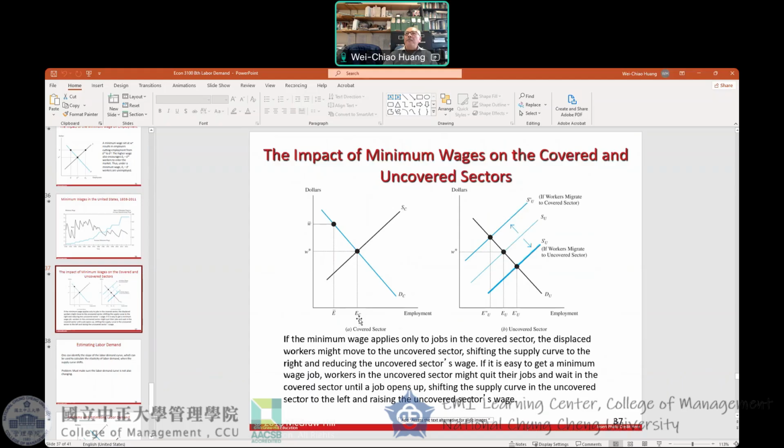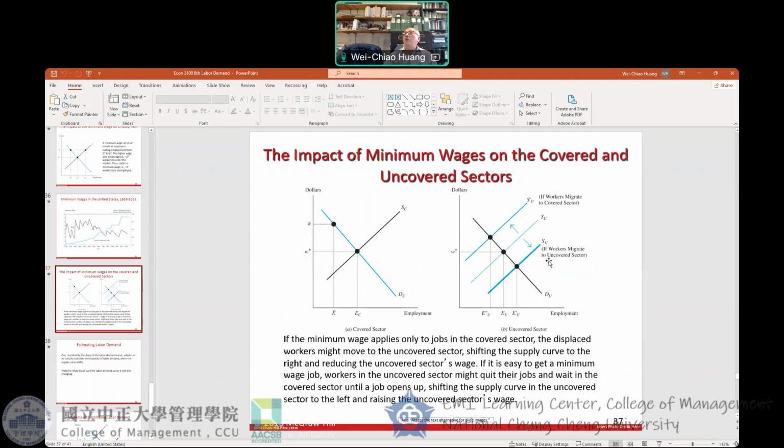Without minimum wage, the employment is EC. With the minimum wage, employment is E bar. So there are these people that are going to be laid off, right? And so what's going to happen? People may want to move over to the uncovered sector. The uncovered sector will see an increase in labor supply.